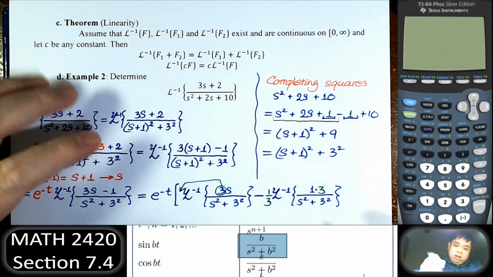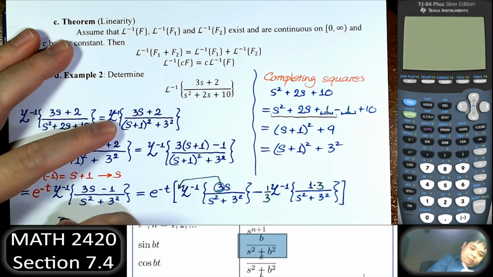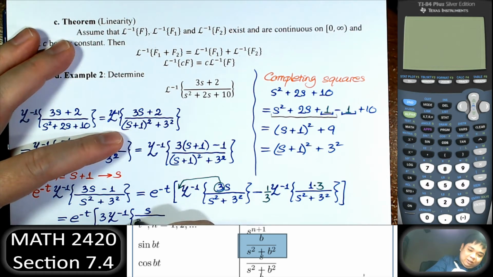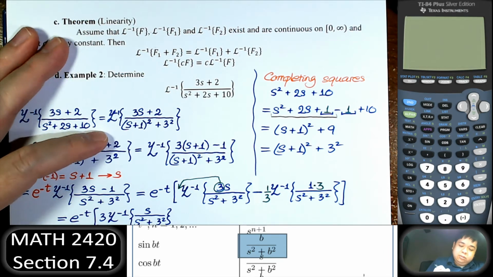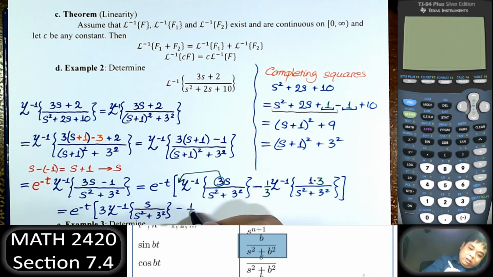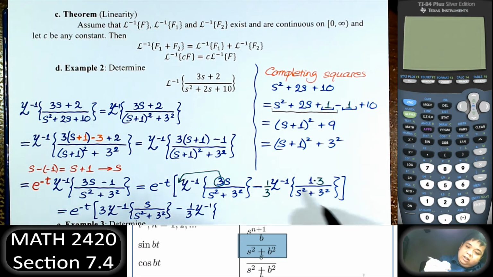So let me rewrite this. We have 3 inverse Laplace transform of, now we only have s on the top. And then we have minus 1/3 inverse Laplace transform of 3 over s squared plus 3 squared.